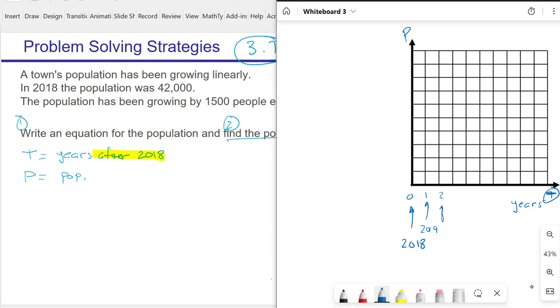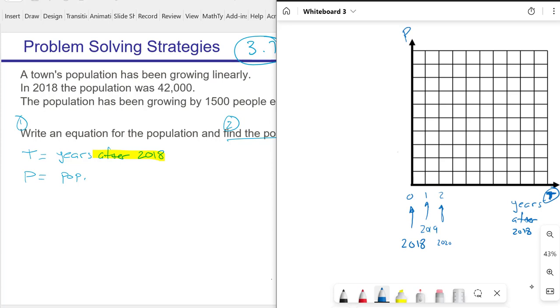So that means we're at 2020. And this way we get to use easy numbers when we count on the x-axis. So it's not actually the x-axis, it's the t-axis. And so the t is years after 2018. That little trick does a lot to help with the graph and with the algebra equation.